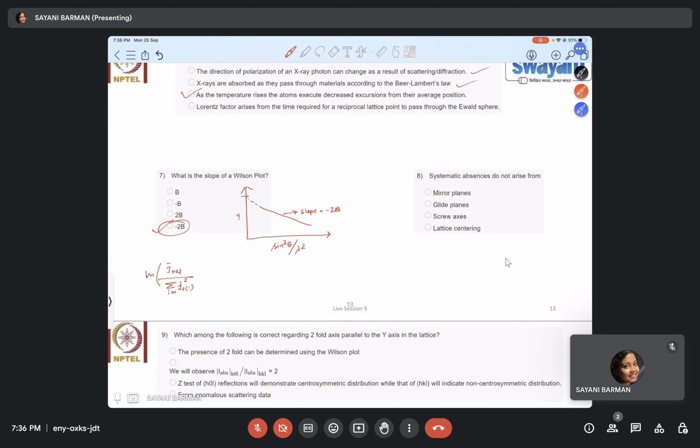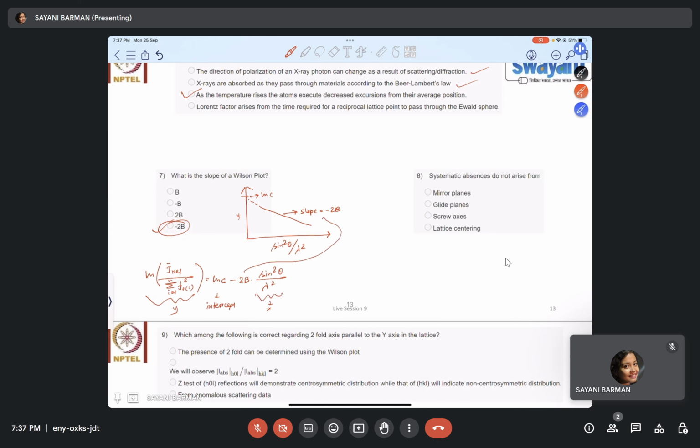So this is y equals ln C minus 2B into sin square theta by lambda square. So this is the intercept. You can write this as ln C, and this is your x, and this is your slope.